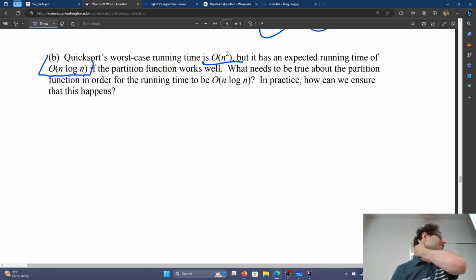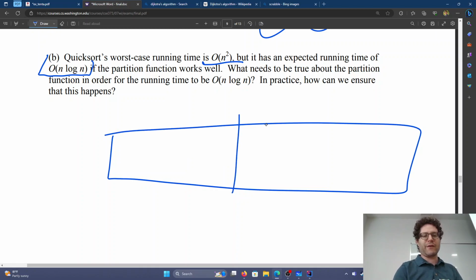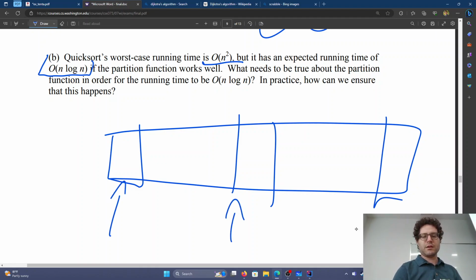There's a few different algorithms you can use to select the median, but a cheap and dirty way is, if I've got my array or subarray that I'm quick sorting, I choose the beginning item, the item directly in the middle of the array, not the median, just directly in the middle, and the ending item.